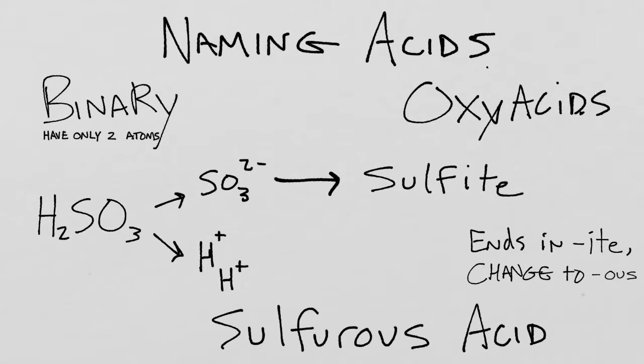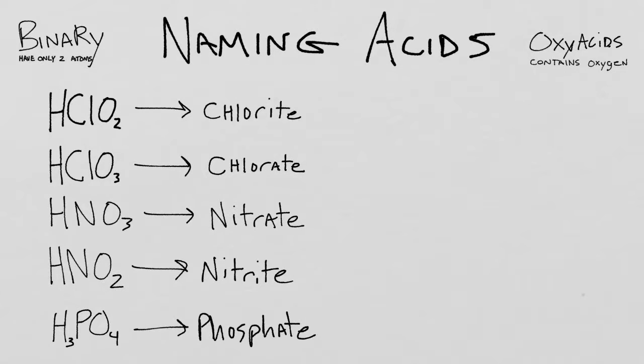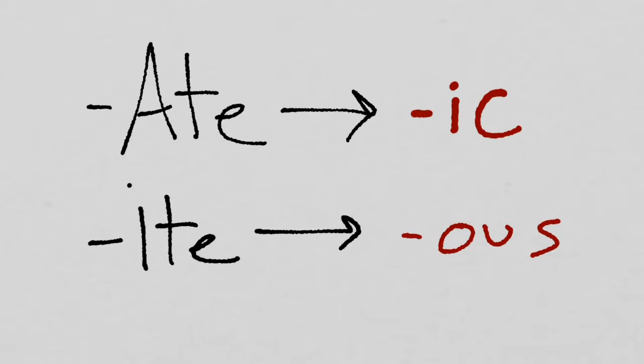So let's now go back to some of those other oxyacids and look at how we would name those as well. Okay, so let's take a look at some of these. First off, let's identify the name of the anions in these cases. And what we're looking for here are the endings, ite, ate, because this tells us our endings for our acids. And remember, if it's ate, it goes to ic.